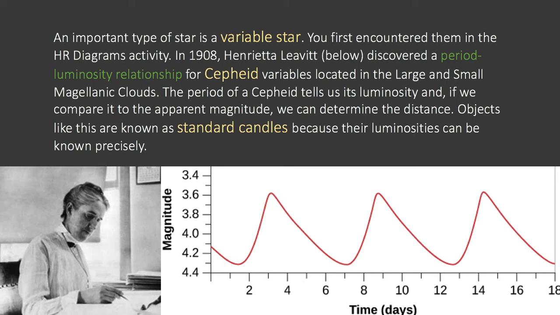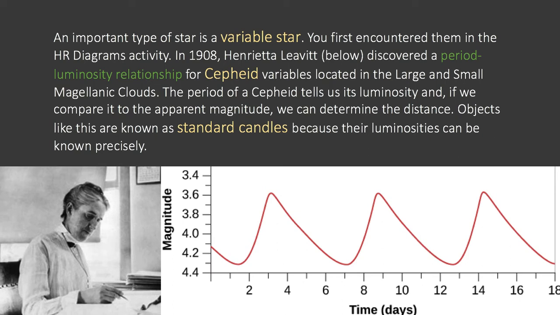Or you convert over to parallax measurements, and those things get so far that even our best telescopes can't detect the parallax angle. There is a limit to how precisely we can still measure the stars.